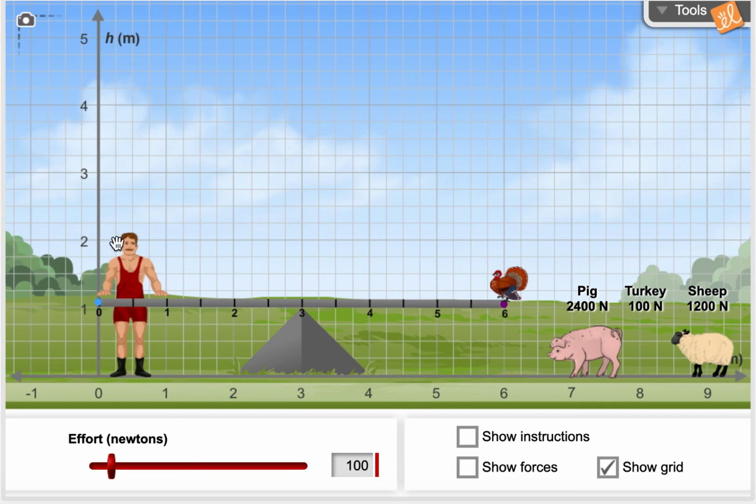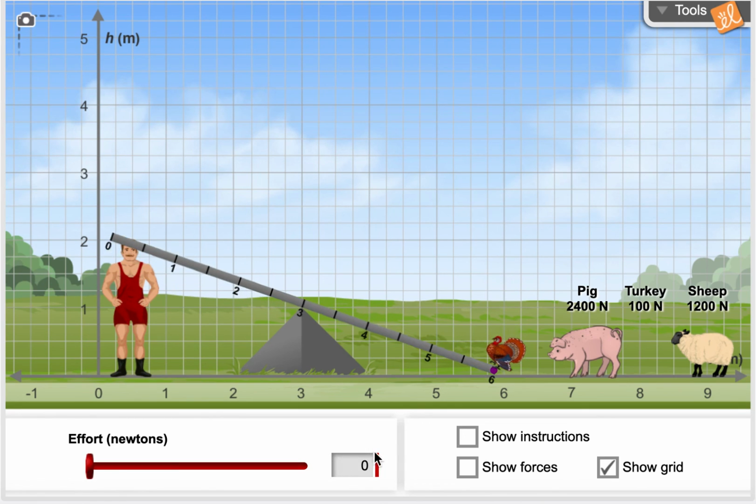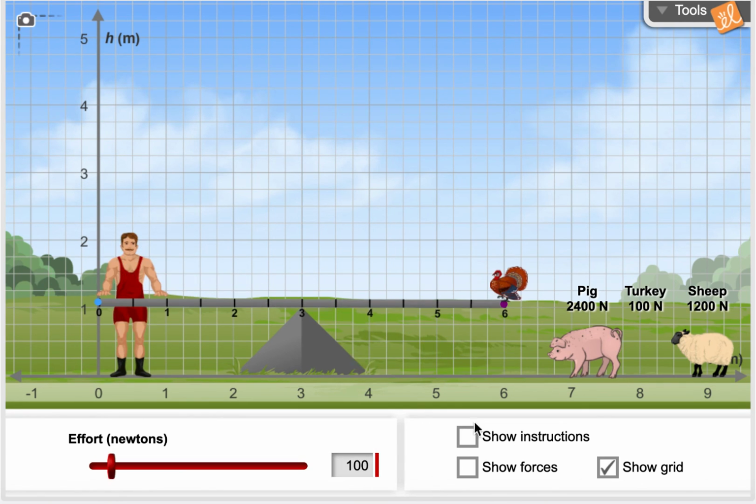That's why it's even. The strongman moved the bar 1 meter down, and then the bar moved the turkey 1 meter as well. The mechanical advantage here is that it changed direction. So you'll see when it was neutral, it was like this, and then when the strongman pushes down, the turkey goes up. So that's one type of mechanical advantage, that you can change direction.